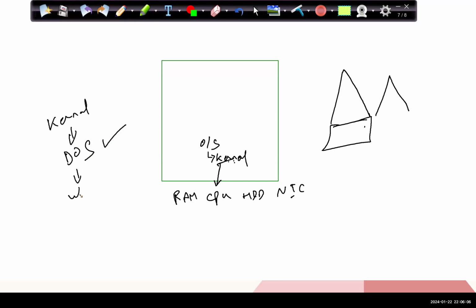That's the Windows kernel. See, many people are confused, right? That's a very, very basic thing that most of us are still confused about. Many have given wrong answers. Of course, few of you have given right answers. I appreciate that.